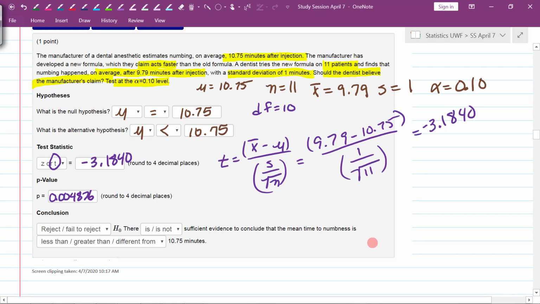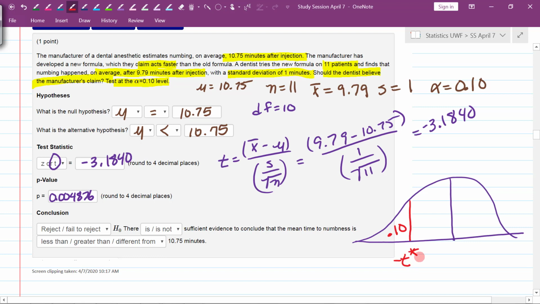So go find your critical value if you haven't already, while I draw a quick picture of the problem here. I need to look up a negative T star.